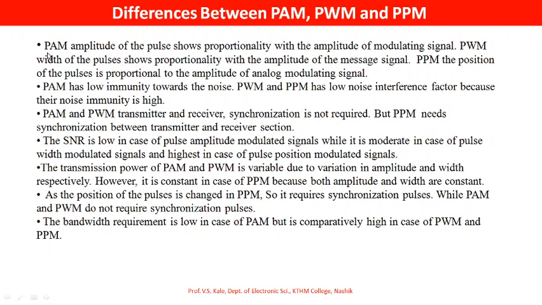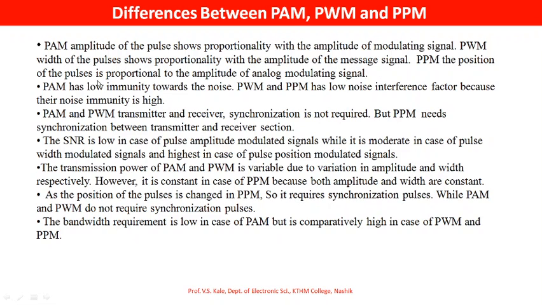First, pulse amplitude modulation. Amplitude of the pulse shows proportionality with the amplitude of modulating signal. Pulse width modulation. The width of the pulses shows proportionality with the amplitude of message signal. Pulse position modulation.